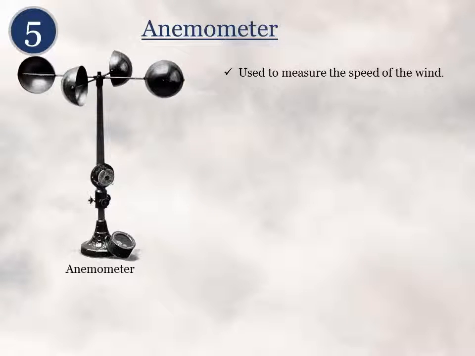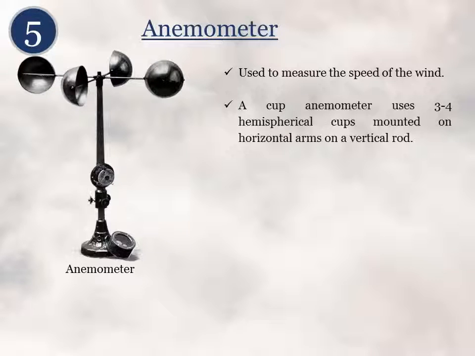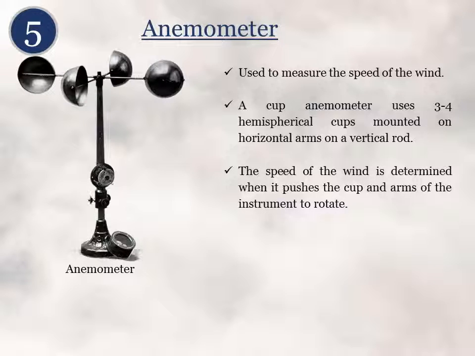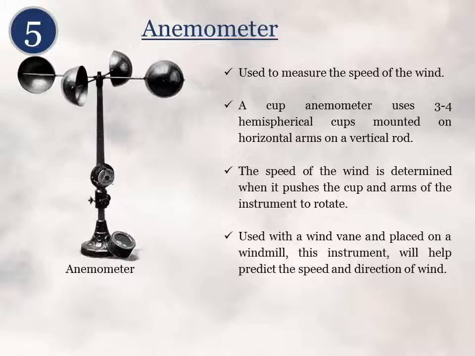Fifth, the anemometer. An anemometer is an instrument used to measure the speed of wind. A cup anemometer uses 3 to 4 hemispherical cups mounted on horizontal arms on a vertical rod. The speed of the wind is determined when it pushes the cups and the arms of the instrument to rotate.